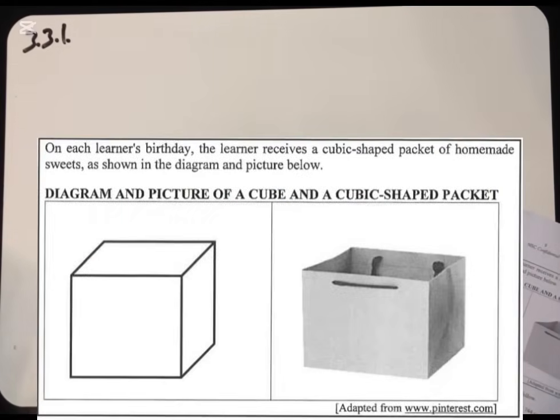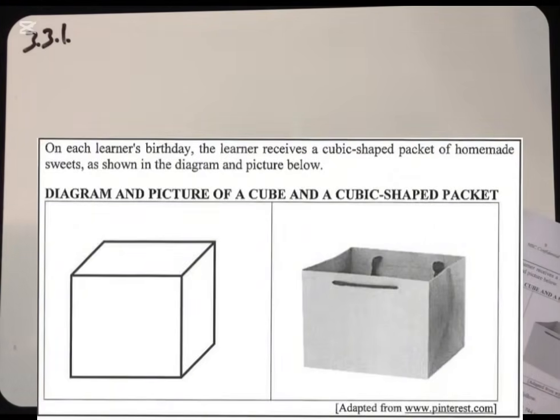On each learner's birthday, the learner receives a cubic shaped packet of homemade sweets as shown in the diagram and picture below. So we can see the diagram and the picture there is fine. Use the diagram above to answer the questions that follow.